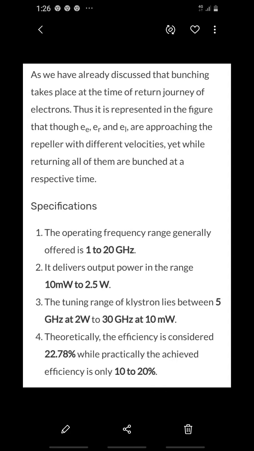We have already discussed that bunching takes place at the time of return journey of electrons. The early electron, reference electron, and late electron approach the repeller with different velocities, and while returning all of them are bunched at a respective time.